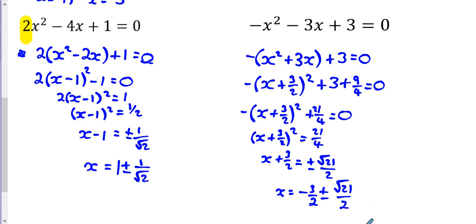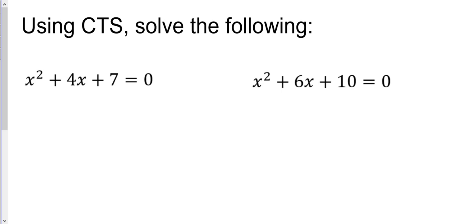And we may be happy with it in that form. Since they both have 2 as a denominator, we might want it as a single fraction. Or we may want it as decimals, in which case you'll need to use a calculator. Okay. Final thing, if you just pause the video, have a go at solving these using completing the square.